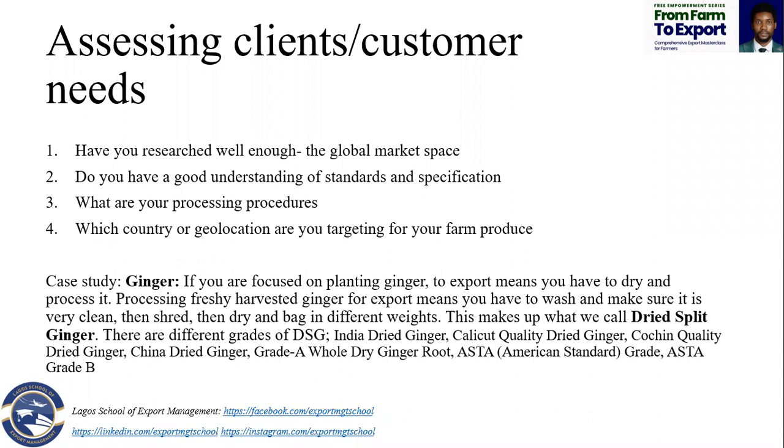In the north also, in fact, I think the bulk of the country's ginger comes from the north. So to export means you have to dry and process your ginger, because you can't export still-fresh harvested ginger inside containers. It will spoil because of the heat.